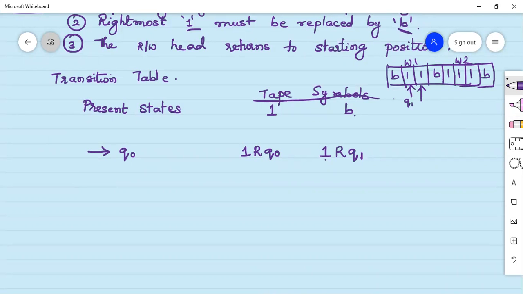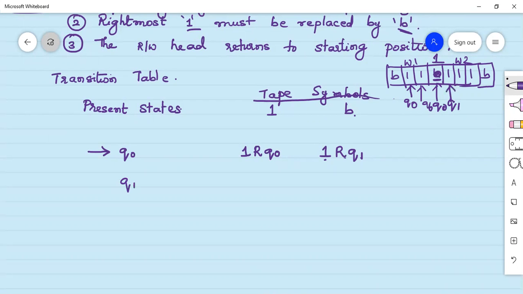I'm just moving forward, and when I got this blank, you can see I replace that blank by a 1. So after replacing it by 1, I move towards the right and I change the state to Q1. This is what we have written, isn't it?